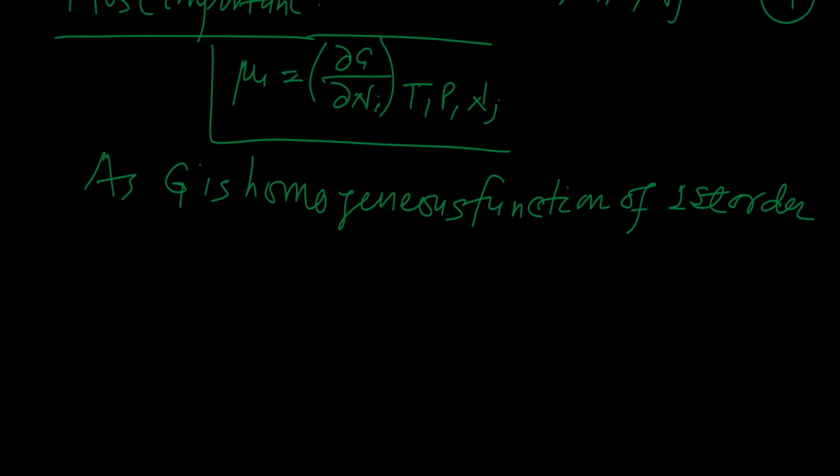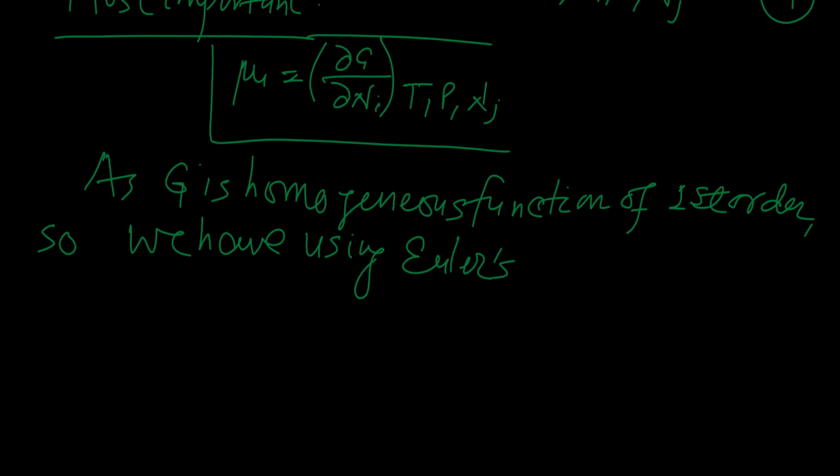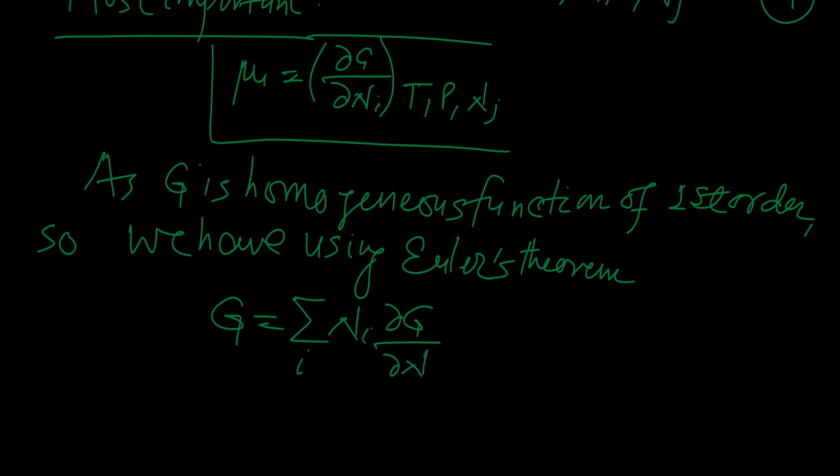So we have, using Euler's theorem, G is equal to summation over i Ni del G del Ni, and this del G del Ni is in fact mu i, so this is summation over i mu i Ni.